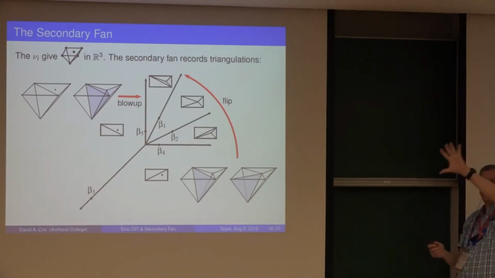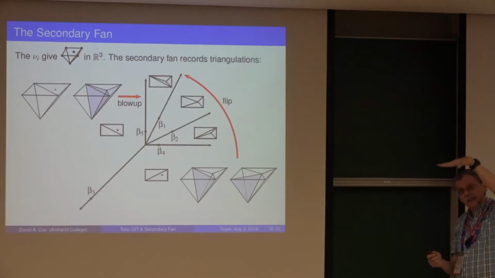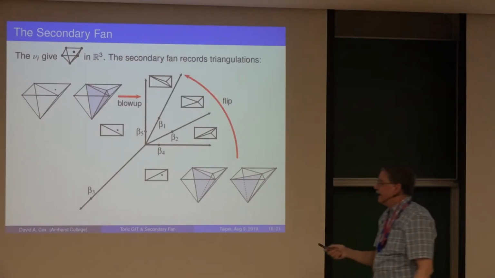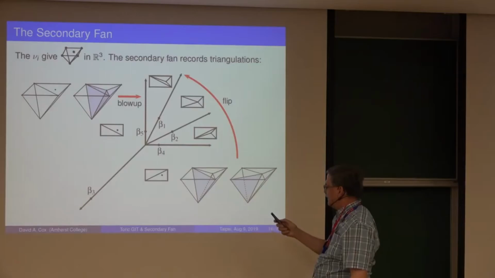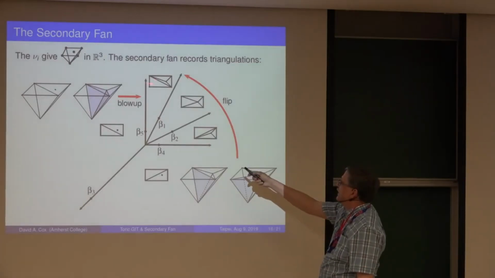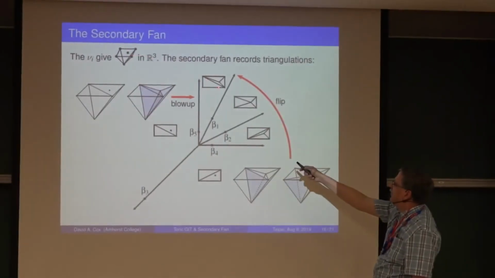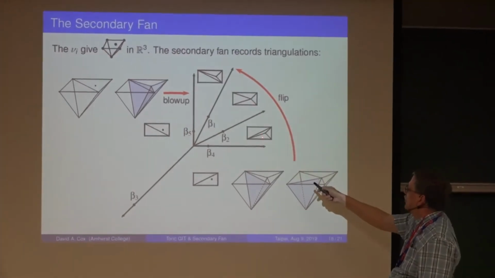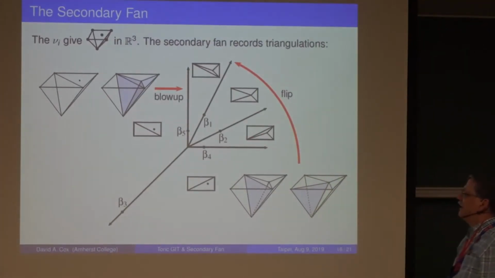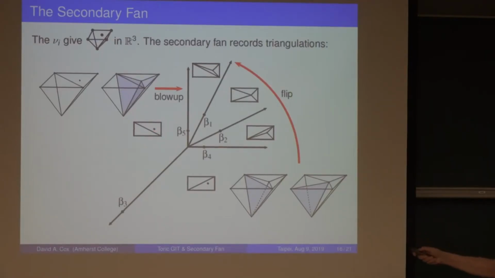That lower convex hull ends up being a regular triangulation. For example, in this particular case, for that collection of 5 points, you get 1, 2, 3, 4, 5 regular triangulations. Now the question is, what happened here?